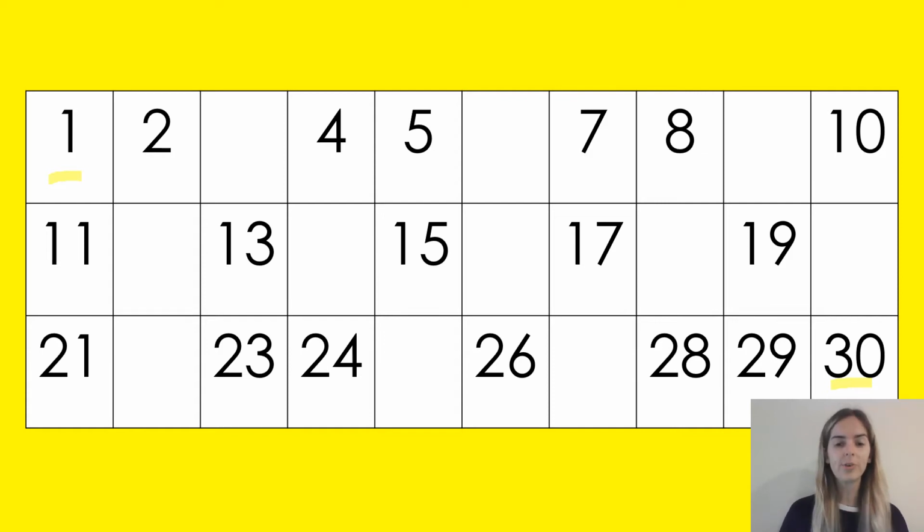And really trying your best to make sure all of your numbers are the right way around and that you have included every single one. So altogether, you should have 30 numbers. Okay, so pause the video and then come back and let's take a look at which numbers we're missing.